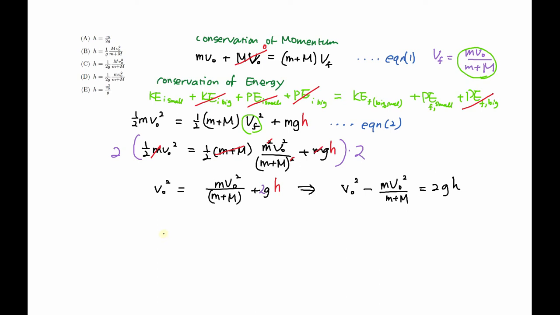Now I can have a common denominator on both sides, m plus big M, and then I can also divide by 2g, and that is equal to our desired height of the smaller block.